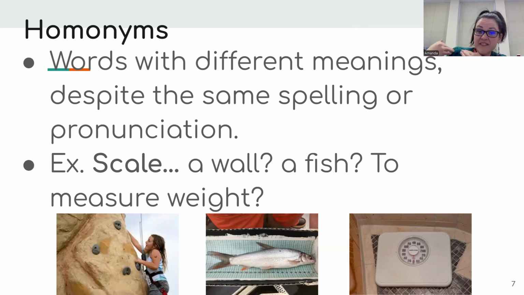Fish have scales on their bodies, not all, but most. And to remove them, we call it to scale a fish. It's a verb too. And then we get on the horrible scale to measure our weight. All three of those are scale. We use the same word. That is a homonym. Homo means one, and nym is the word. So homonym.